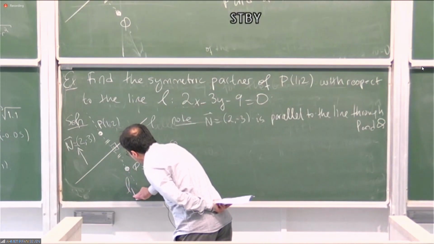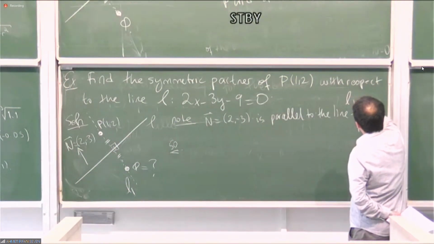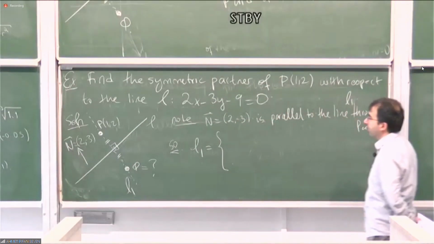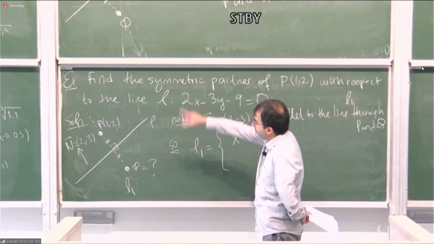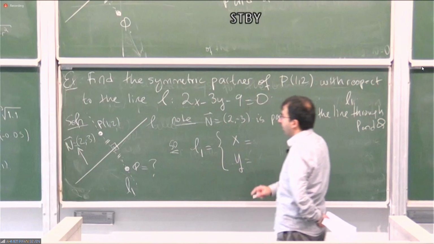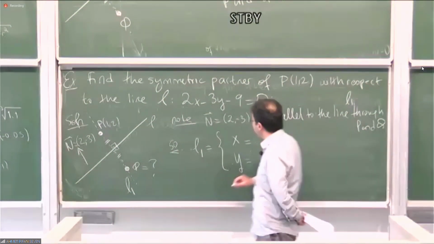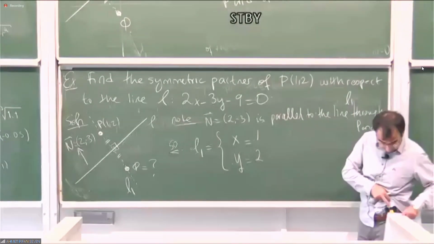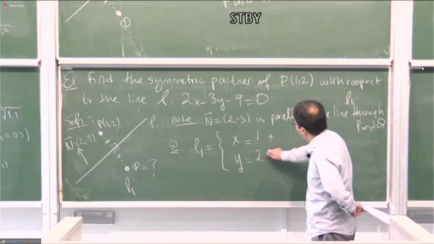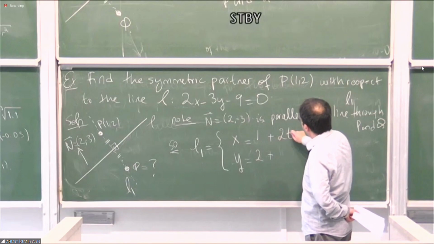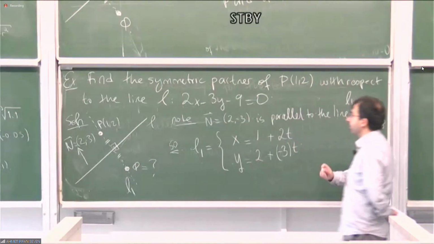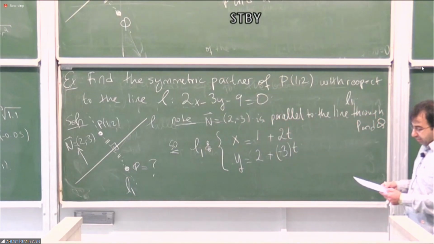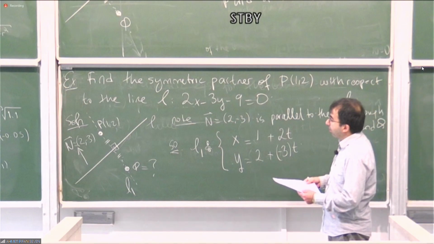I'm calling this line L1, the line through P and Q. I don't know Q, but I know P. It passes through the point (1, 2), so my parametric equations will look like (1, 2) plus, now my direction vector, (2t, -3t). So I got this equation for L1.